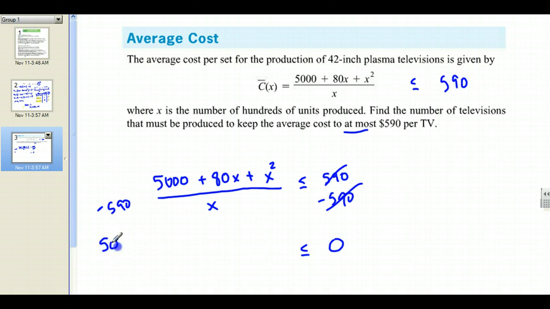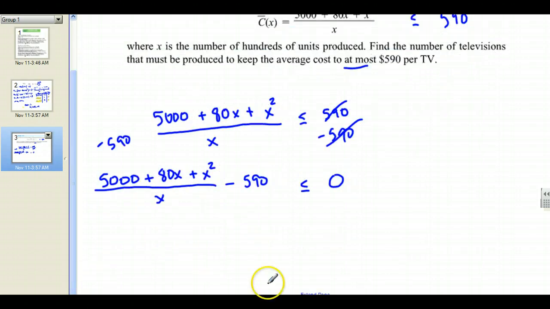But what did the other thing say? If necessary, get a common denominator. And it is necessary because we're subtracting, and what's already there has x as the denominator. This 590 does not have an x as the denominator, so we do need a common denominator.